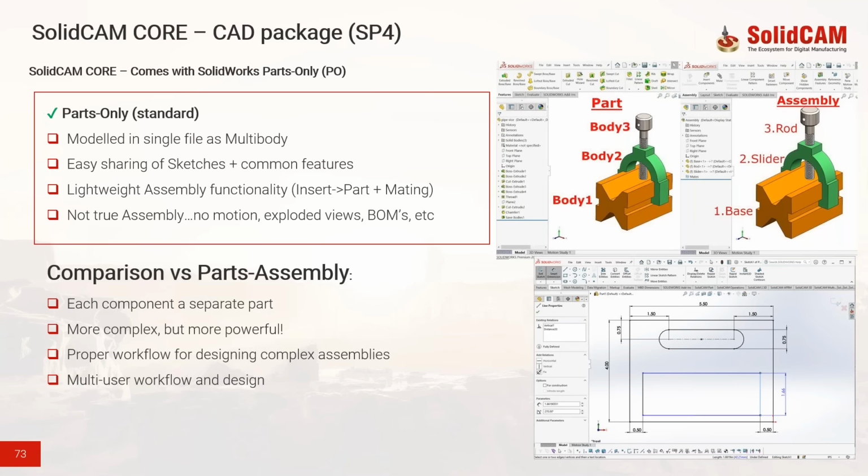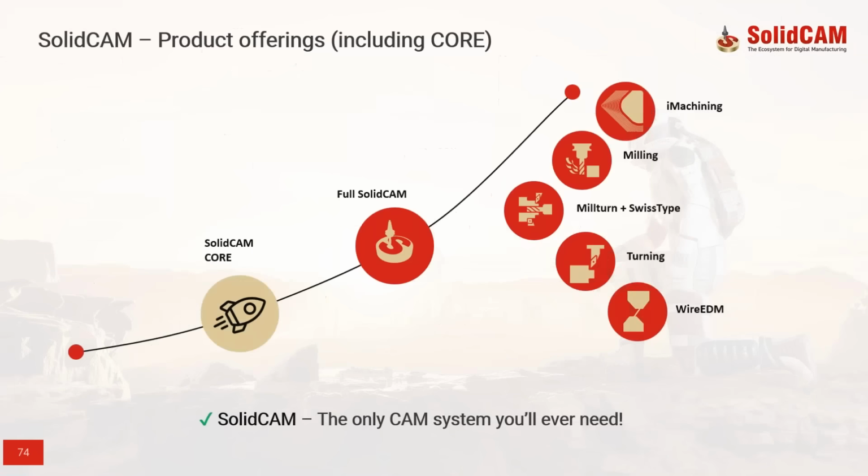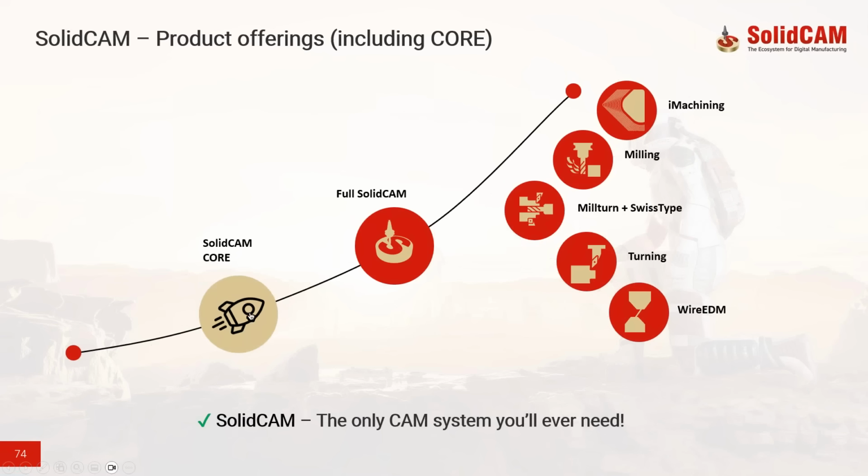So if you want to do that, this is a perfect starting pack, an entry-level package for you, because when you have the Core, and whenever you define any of your projects inside the Core, you can easily go natively to a full SolidCAM with any of the modules that SolidCAM has. With traditional iMachining, also any milling technology, 3-axis and 5-axis milling, mill turn, Swiss type, wire EDM.